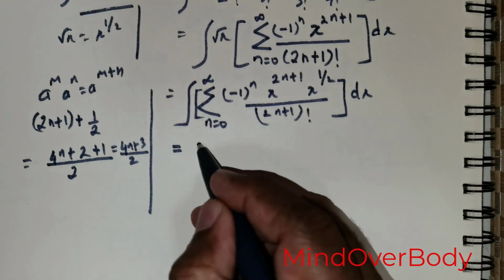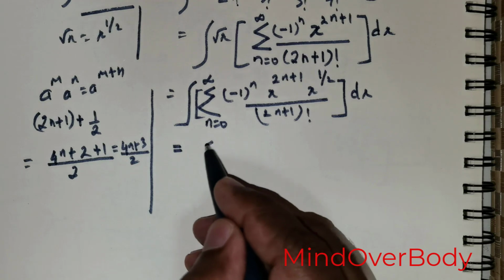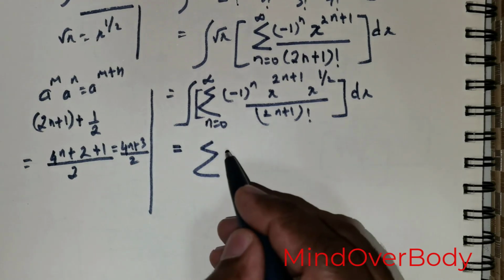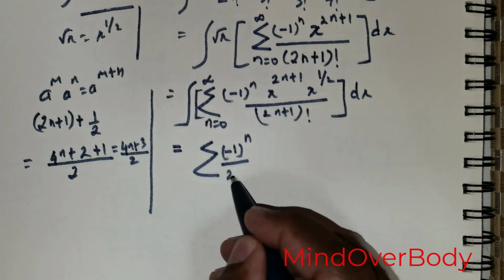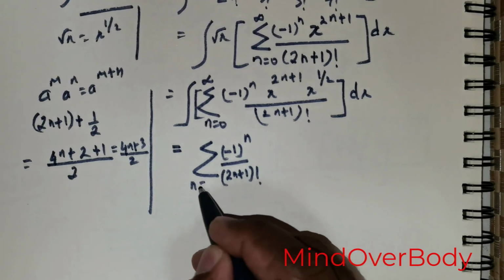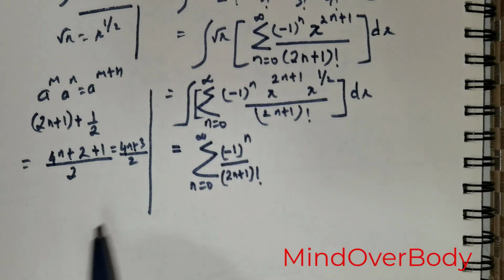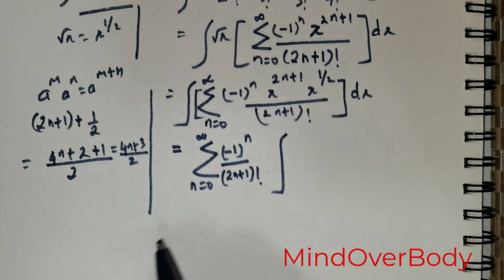So this can be rewritten as, now what I'm going to do, I'm going to bring the summation sign out. So that's going to be sigma negative 1 raised to the power of n divided by 2n positive 1 factorial, and n ranges from 0 to infinity. So the summation is brought out and I'm pushing the integral inside. So this is going to be the integral.